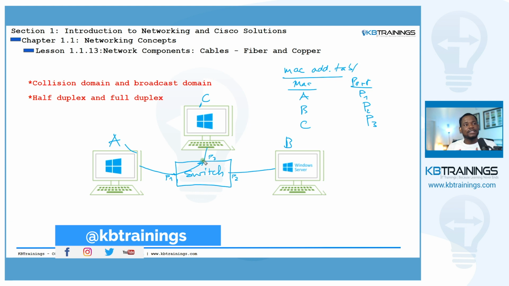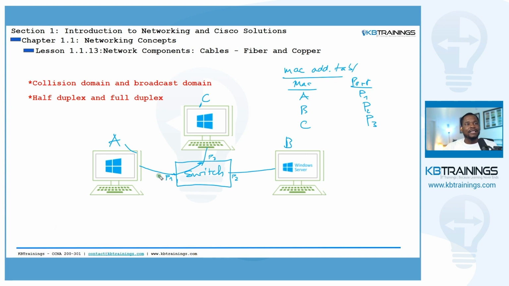So the switch knows exactly where every computer is and will send the traffic directly to that computer. Inside the switch, if C is communicating with B, the traffic will come out of P3 and be sent to P2. So there is no collision here. Every traffic is redirected where it should be going. And that's why the only place we might have a collision is on this segment here.